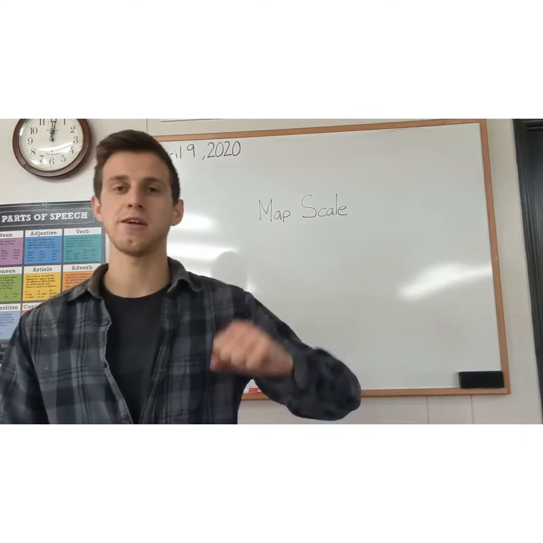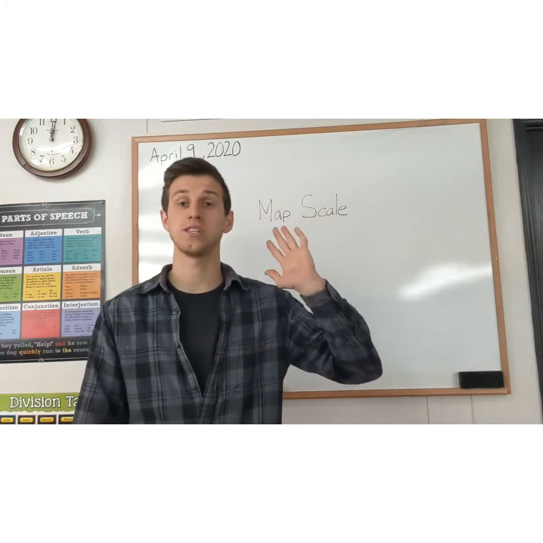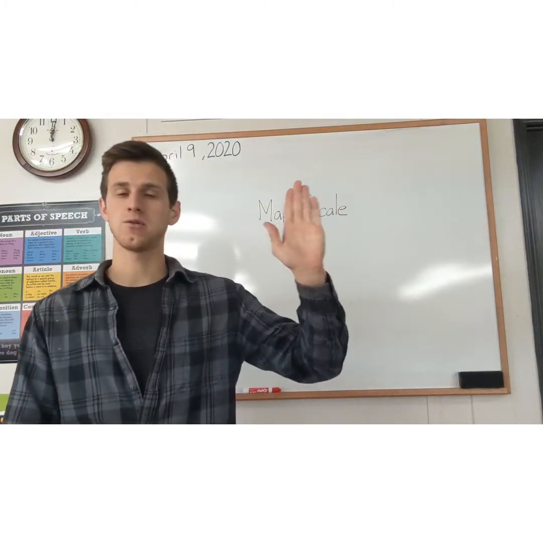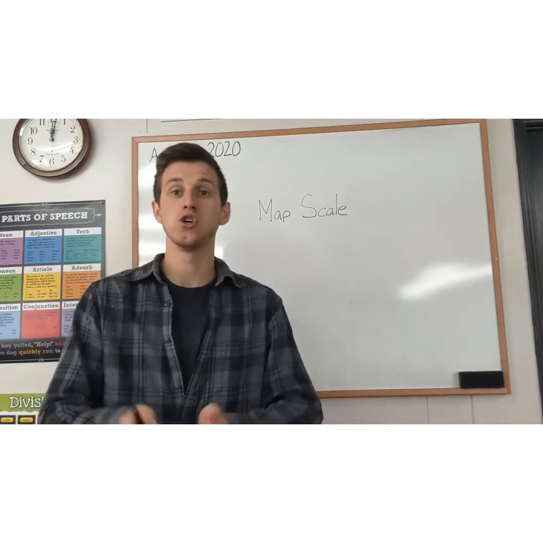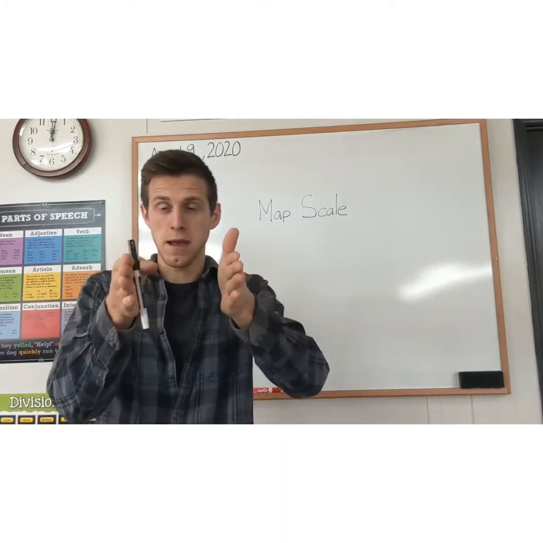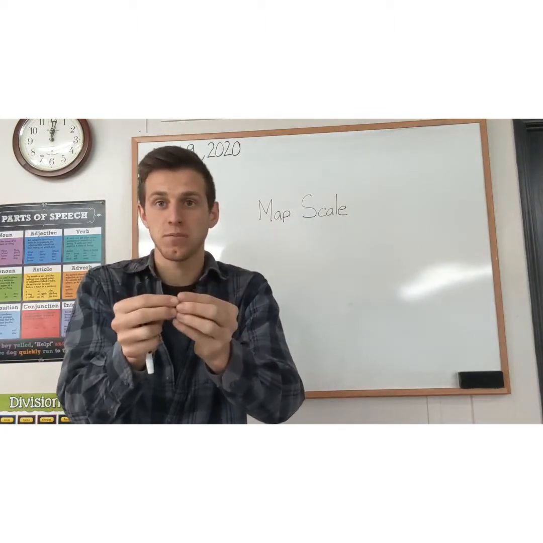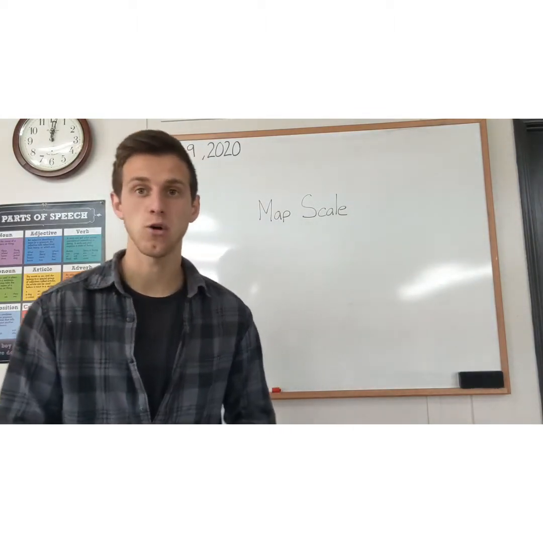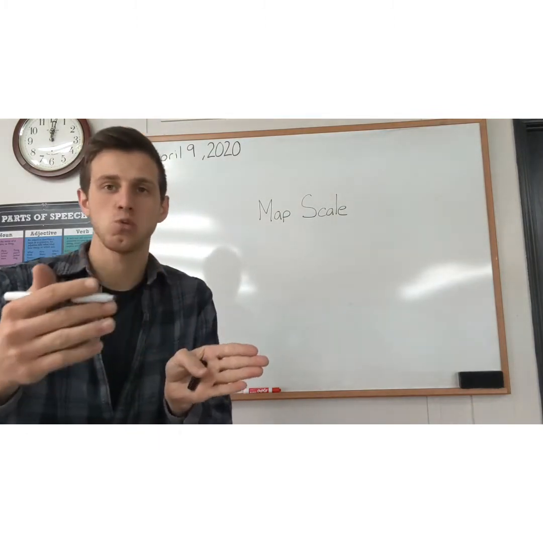Quick question. Does anyone remember our lesson we had on scale drawings? I think it was a little bit confusing for us, but remember, a scale drawing is something that is too big to fit on a piece of paper, so we scale it down to where it fits. Then we have a scale that tells us, if we measure it, how much its actual length is.